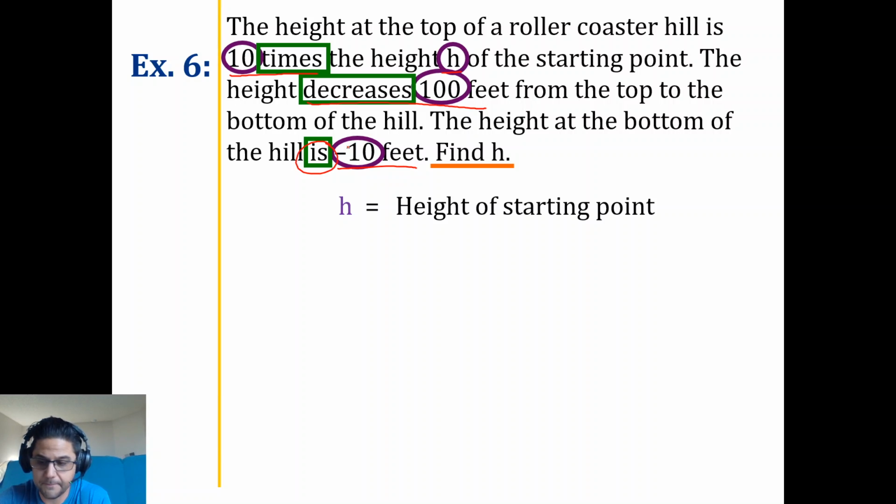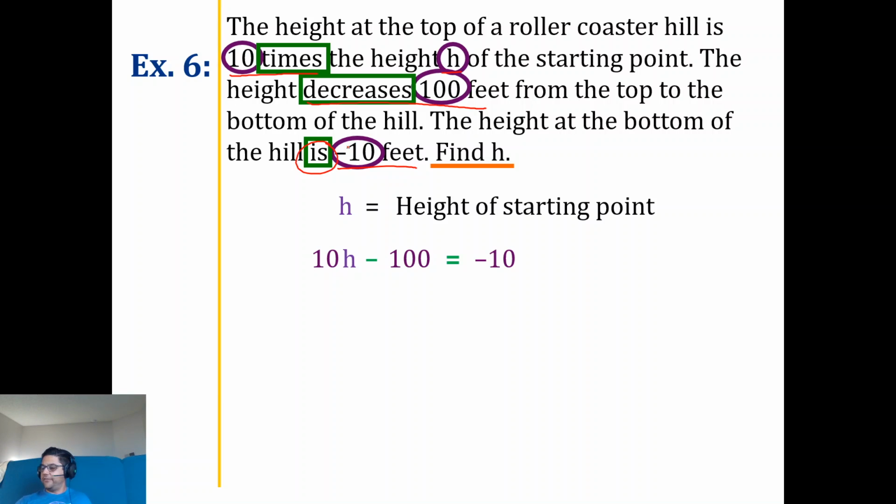That's what we really want to find. So our equation says 10 times the height decreases 100 is negative 10. Nice, we got our equation.